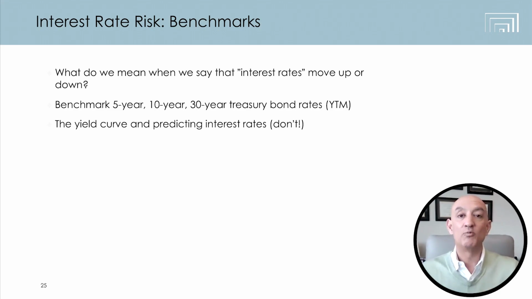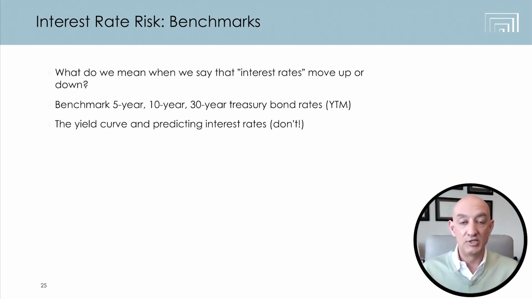In the bond market, we are not talking about what the Fed is going to do. The Fed raises or lowers the Fed funds rate, which is basically the overnight rate at which banks lend money to each other. It is an overnight rate, and that is set basically by the Fed. When we talk about where interest rates are, we're not talking about that when we're talking about bonds.